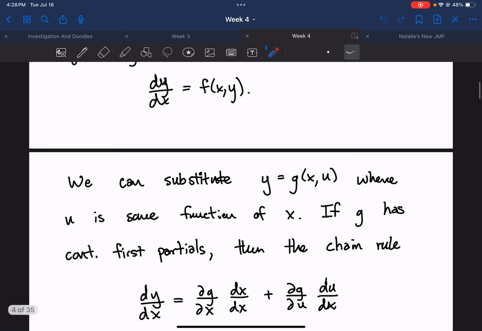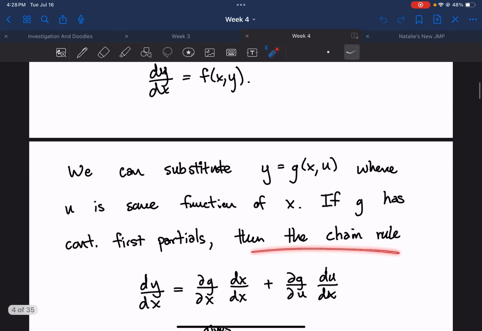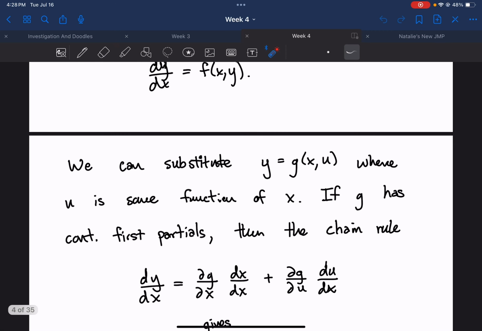If g has continuous first partials, then by the chain rule, the derivative of y is going to be partial g, partial x. And since this has continuous derivatives in both x and u, then the derivative of y with respect to x is, this is the chain rule, derivative of the outside times derivative of the inside plus derivative of the outside times derivative of the inside.